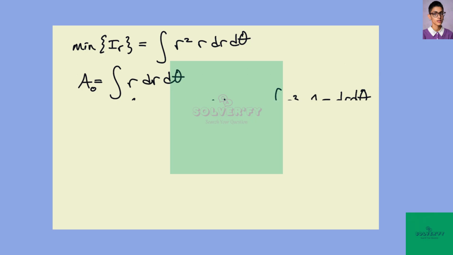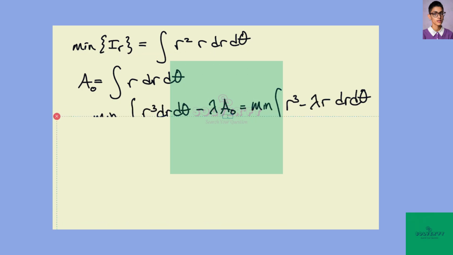Given me an area, let me find an r that has a region surrounded by r that has that area and that minimizes the polar area moment. And in the calculus of variations, when we have a constraint, we can put a Lagrange multiplier here and add the constraint.